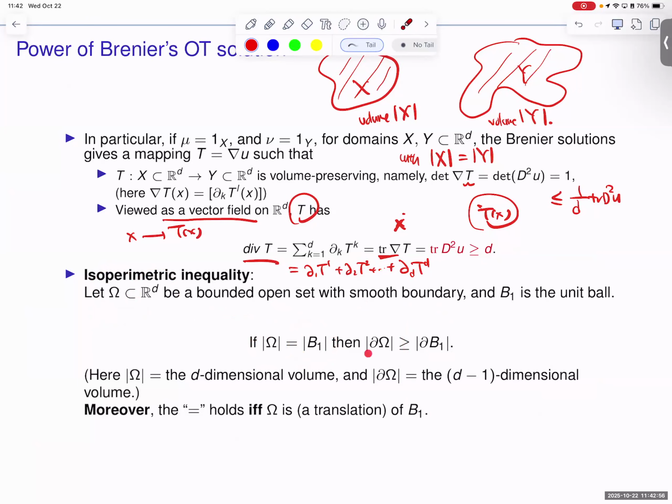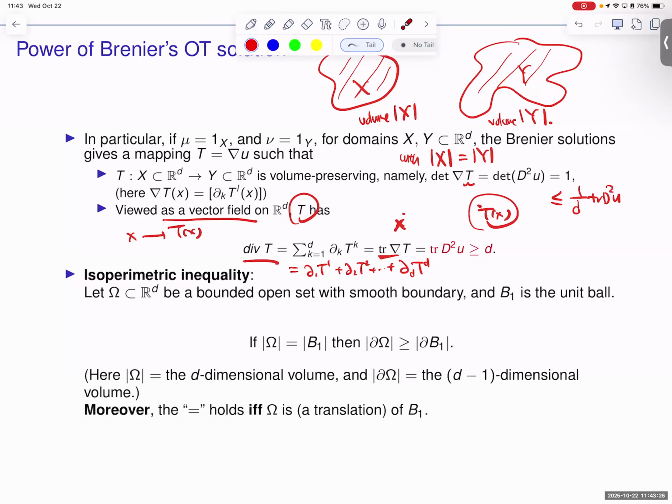So the surface area of a set having fixed volume is minimized at a ball. In other words, the ball is the set having the largest volume with a given surface area, or with given volume, the ball has the smallest surface area. That is what the isoperimetric inequality says.